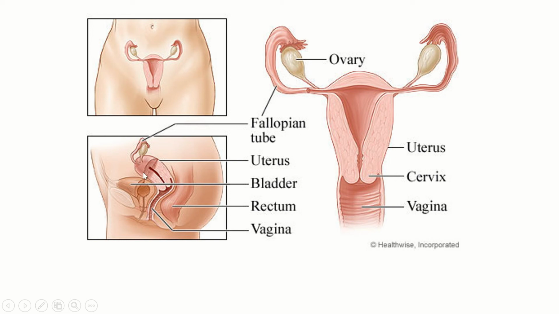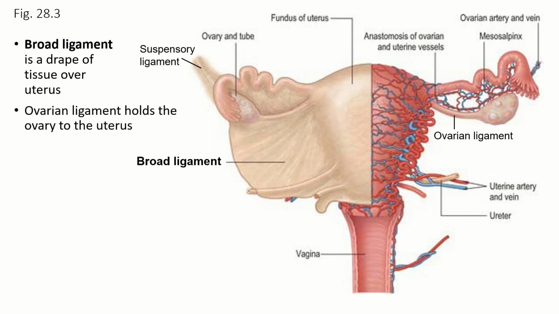And remember that the uterus does sit on top of the bladder, which, yes, is very inconvenient if you have a fetus growing in your uterus. The broad ligament is, as it sounds, a very broad, wide ligament that lays across the uterus and the ovaries and the ligaments and the fallopian tube, covering all of it and holding it all in place.